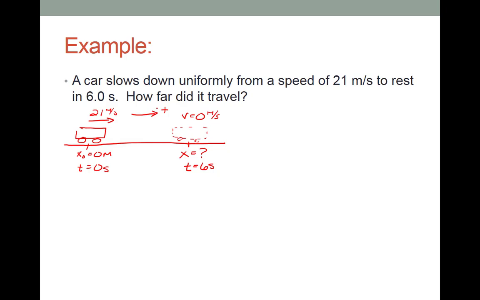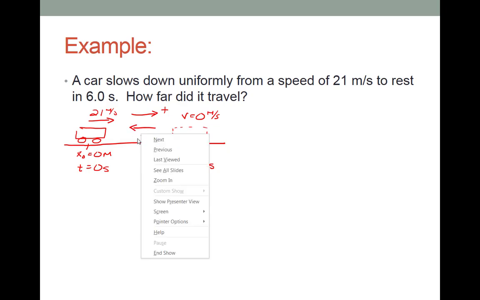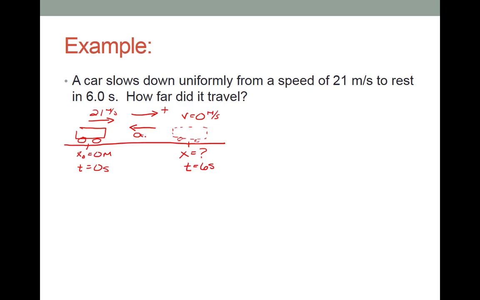It is accelerating. And because it is accelerating, I know that the velocity and the acceleration have to point in opposite directions. So I'm going to put an arrow in here to indicate the acceleration is opposite of my initial velocity. I don't know how big it is at this point, so I'm just going to label it with a variable. That is a.